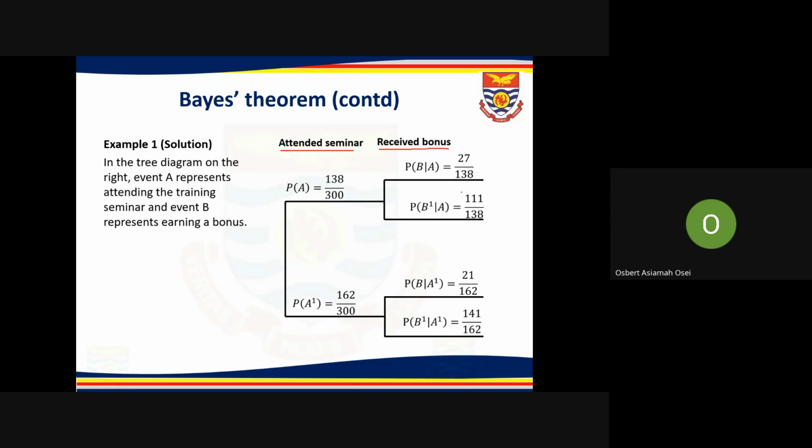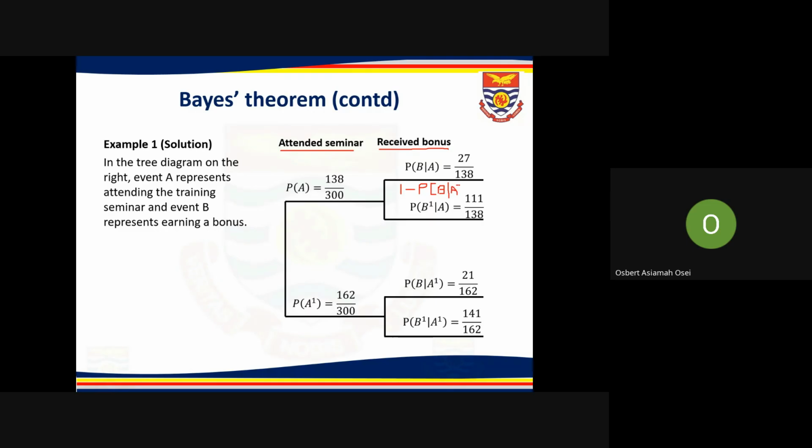Now the complement, which we had, is gotten from 1 minus the probability that B will occur, given that A has already occurred.